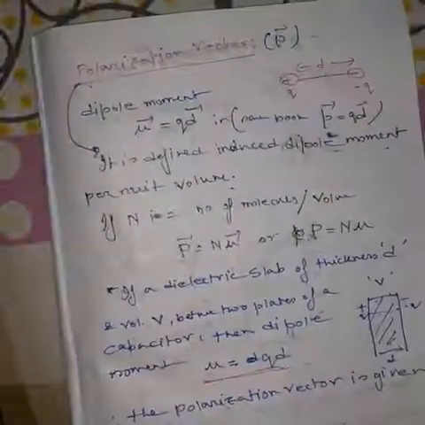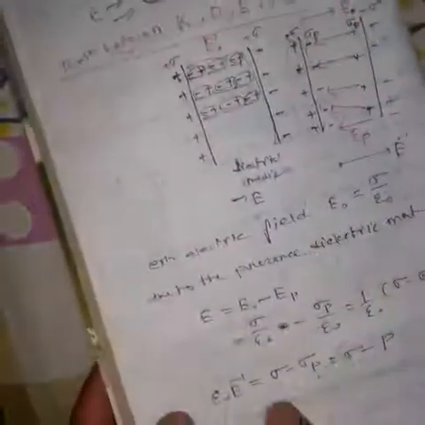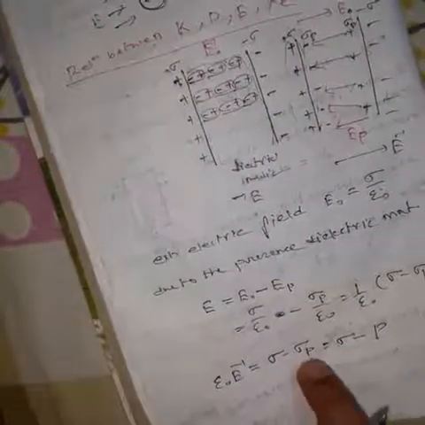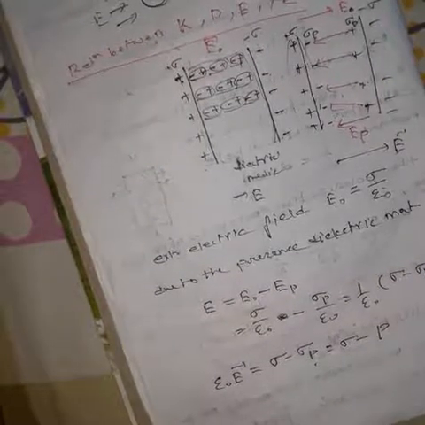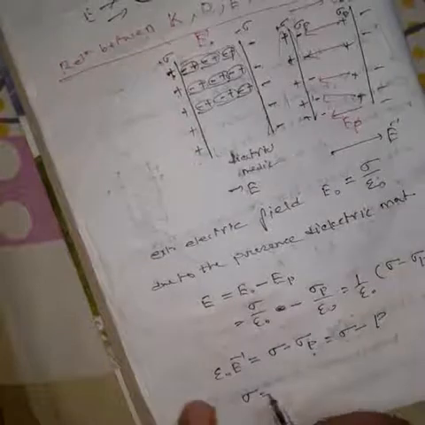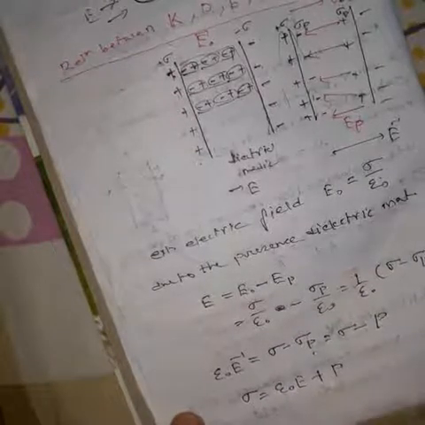We have seen that I can show that P equal to sigma P. So that is what we are using here. Instead of sigma P, I can put P. So I can put sigma equal to epsilon 0 E plus P, okay?